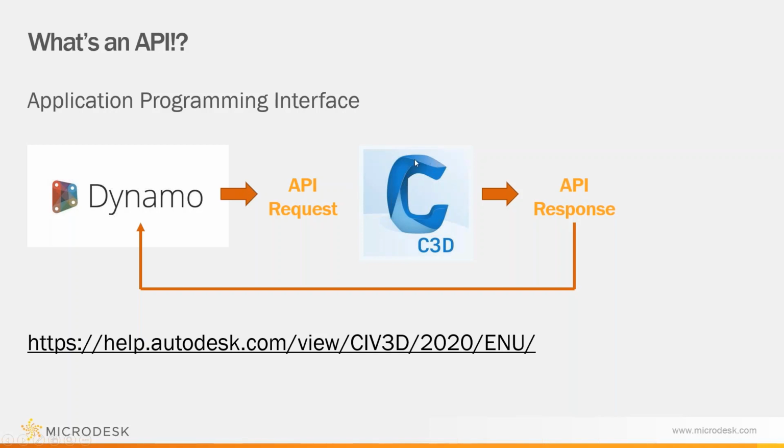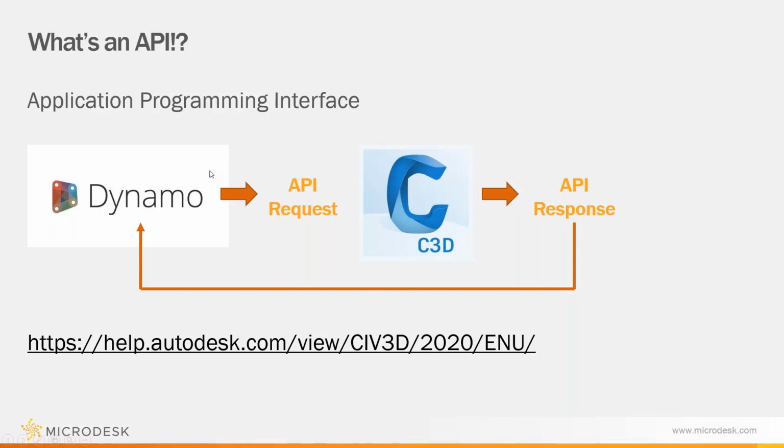Civil 3D, at the end of the day, is a database. Revit is a database. It's a bunch of information that's all organized together, and Civil 3D allows you to see what's going on in that database pretty well. But Dynamo is just to get the information. It's not to visualize it.